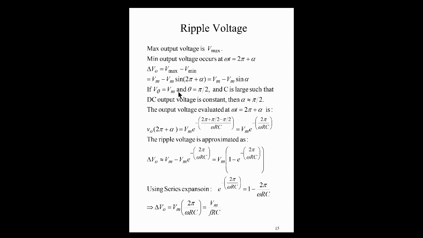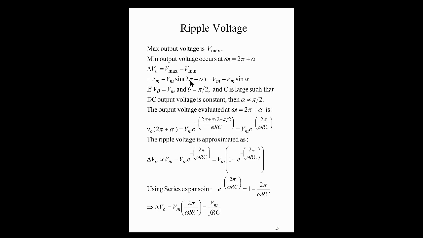All right, so the ripple, as I mentioned earlier on, is also the difference between the maximum and the minimum voltages, right? So we can substitute the value for when omega t is a minimum. We know that maximum is V max, and for the minimum we substitute, right?